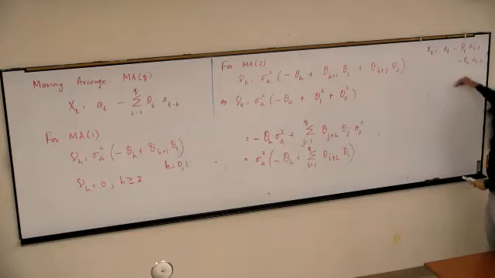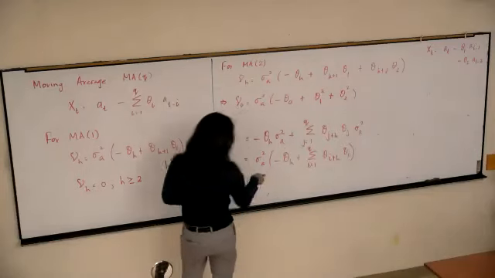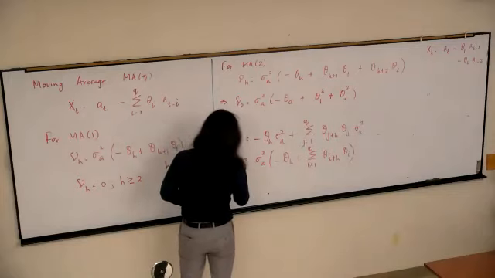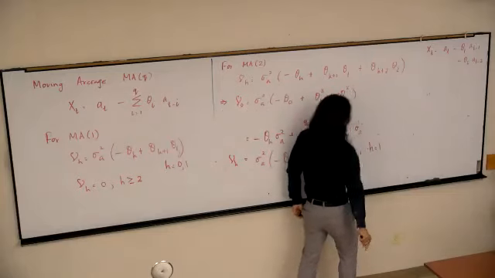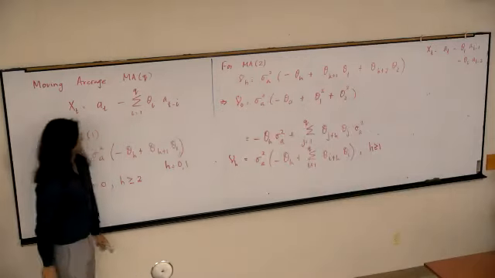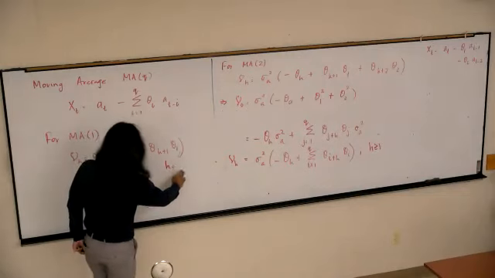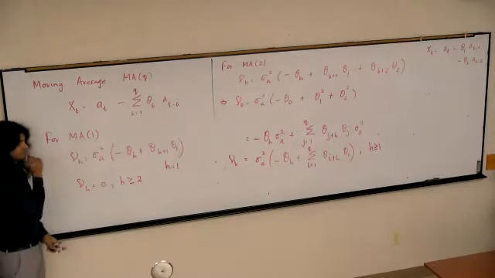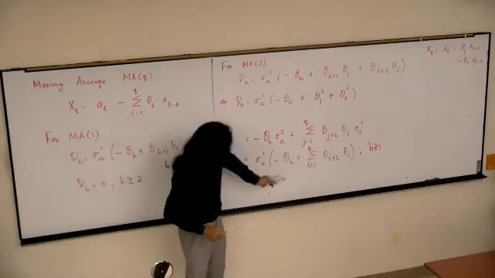But for the sake of consistency, we can say that this expression that we have there has to start at 1. For 0, we already have an expression. H equals 1 comes from this term.